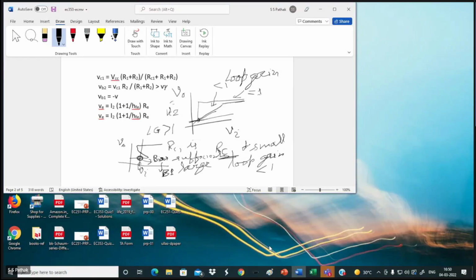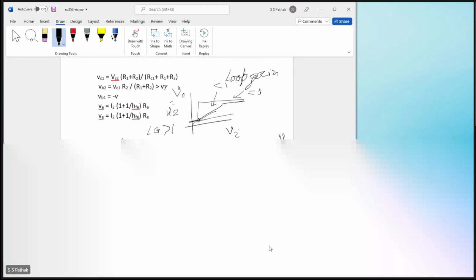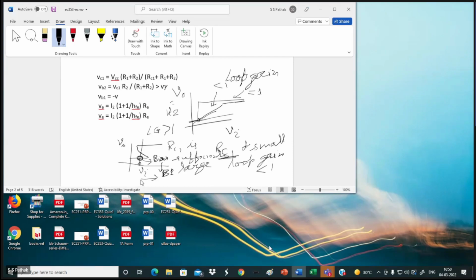This much Vi is already there on the base. So when I apply my VT, VB1 initial plus VT will come somewhere here. As a result, I have got this output.